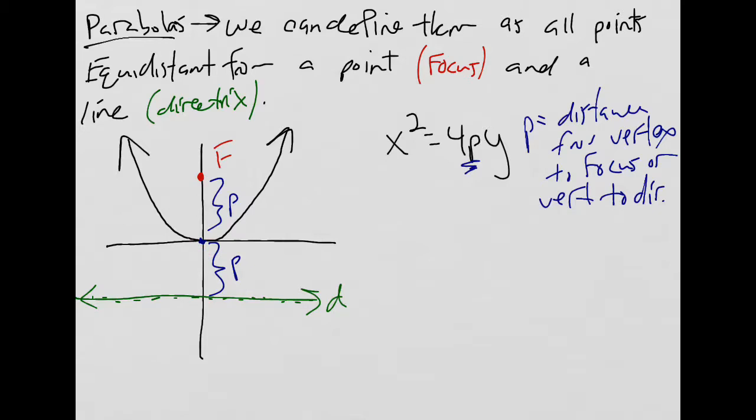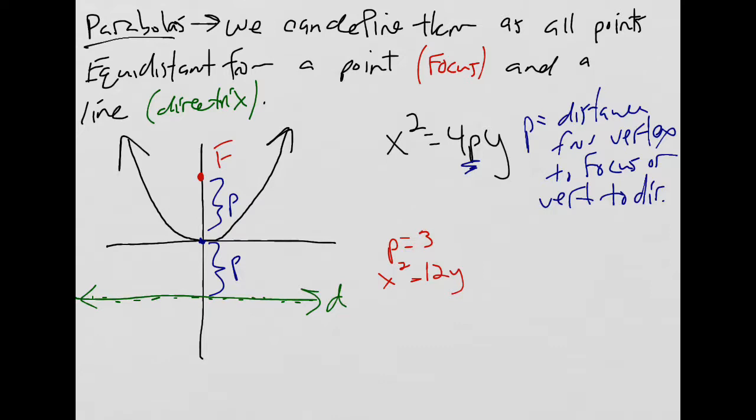So let me do two little examples. Say p was equal to 3, and we'll talk in a moment about changing x squared versus y squared, but we're just using x squared for now. Say I had p equal to a positive 3, that would give me x squared equals 12y, because when I multiply that 4 by the p-value of 3, it gives me 12.